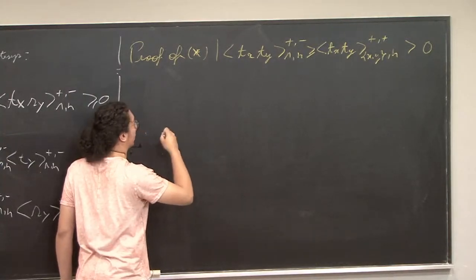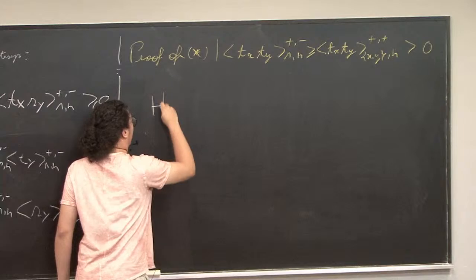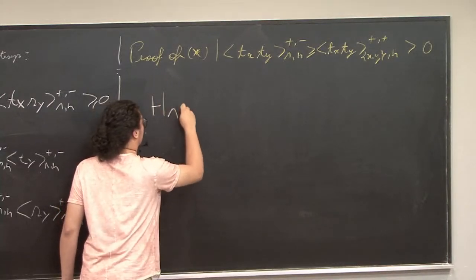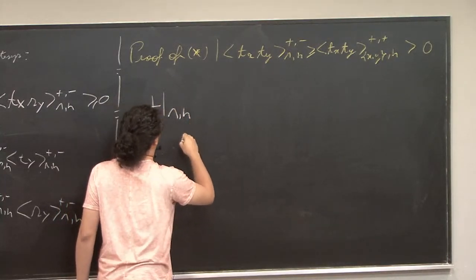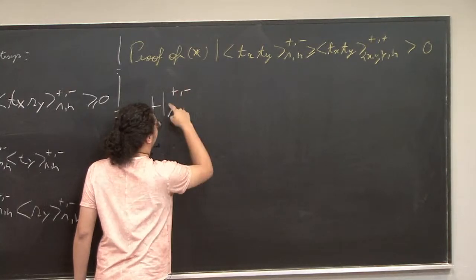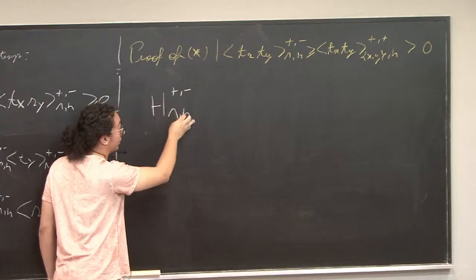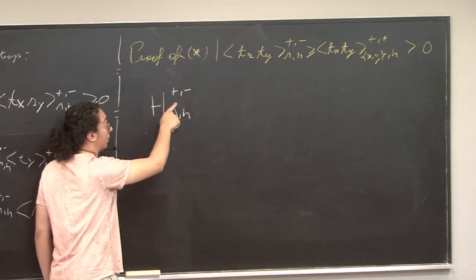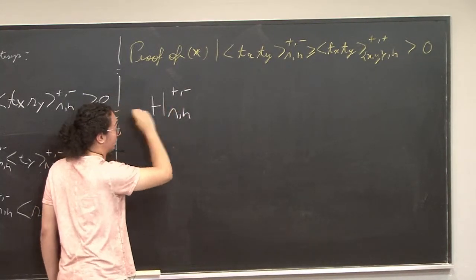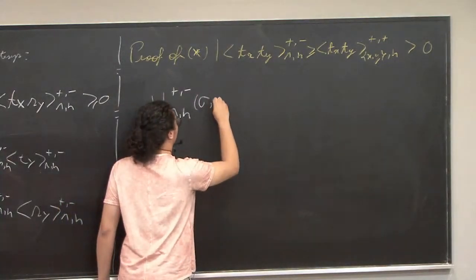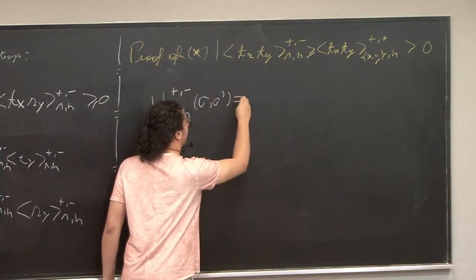So you can write the Hamiltonian of the duplicated system. Here I'm going to fix the, I didn't define this, but I think you know what I mean, right? The Hamiltonian with plus and minus boundary condition of that state. So you have sigma and sigma prime, and this is what?